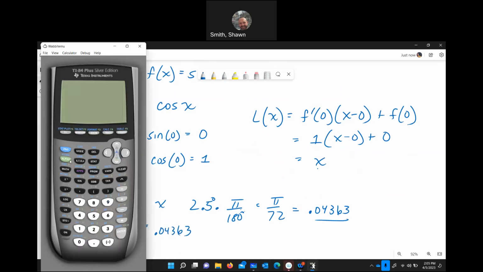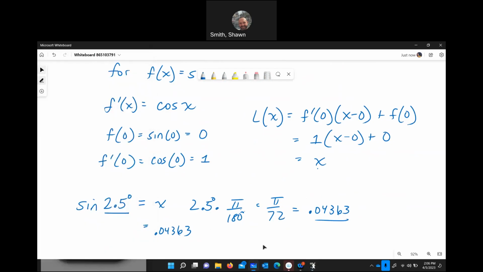Let's see what that is in the calculator. Sine of 2.5 degrees, putting my calculator in degree mode. Already in degree mode. 0.04361. Not off that much. So as long as I am close to zero, my approximation is pretty close.